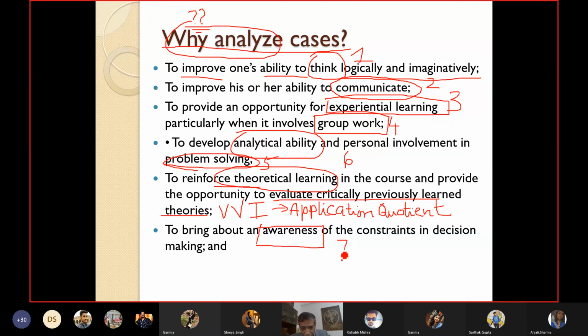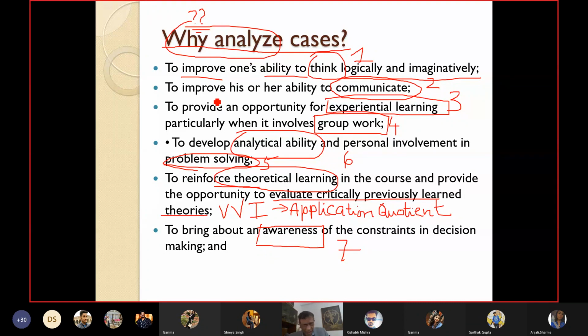So 7 things that you go home today to realize, why do we analyze a case? One is it makes you think better. Second, it makes you communicate better. Third, you're part of an experiential learning and group work and to develop ability to come out and find solutions.